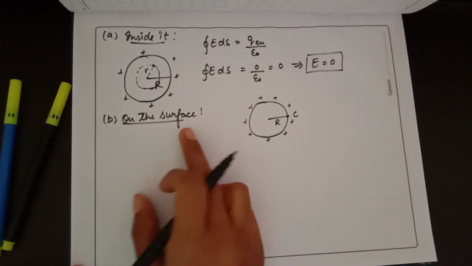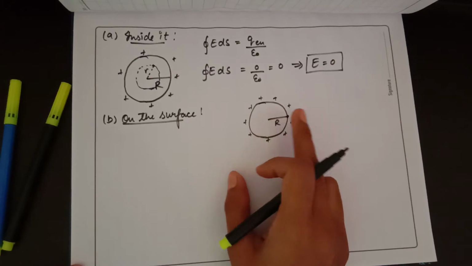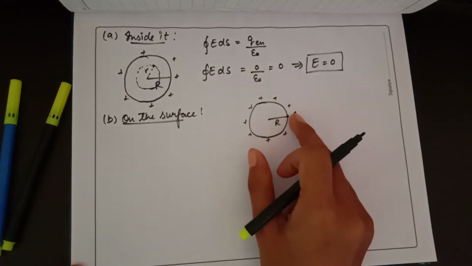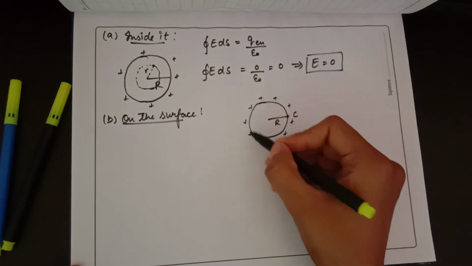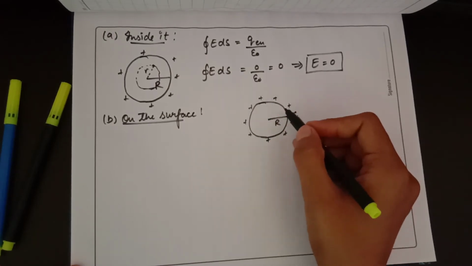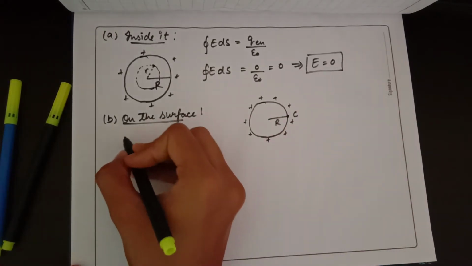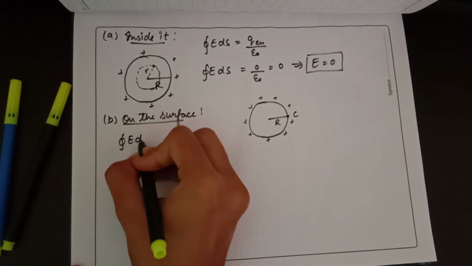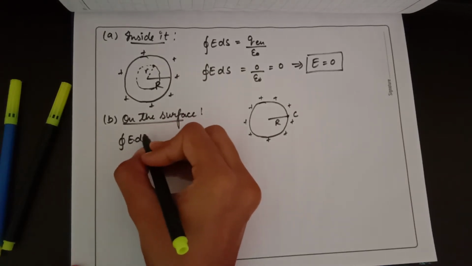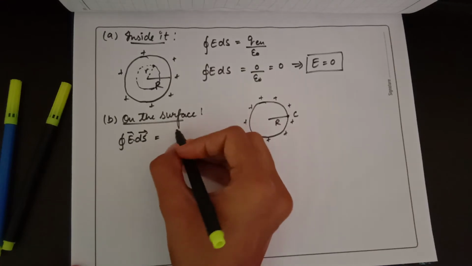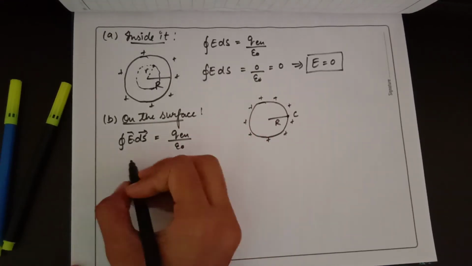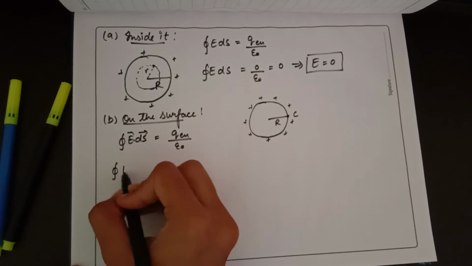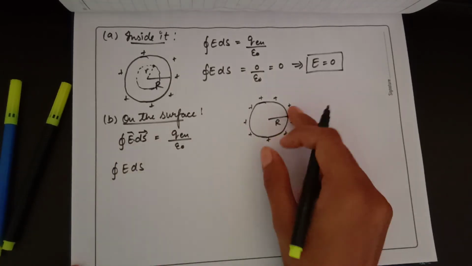Next is on the surface. This is your conducting shell, and I want to calculate the electric field at this point, which is C. For C, the surface itself will be the Gaussian surface, and according to Gauss's law, the integral of E dot ds is equal to Q enclosed upon epsilon naught, and I can write it as E ds cos theta.